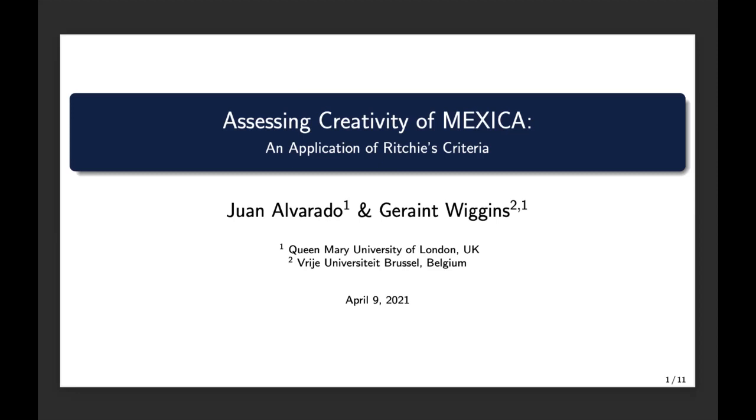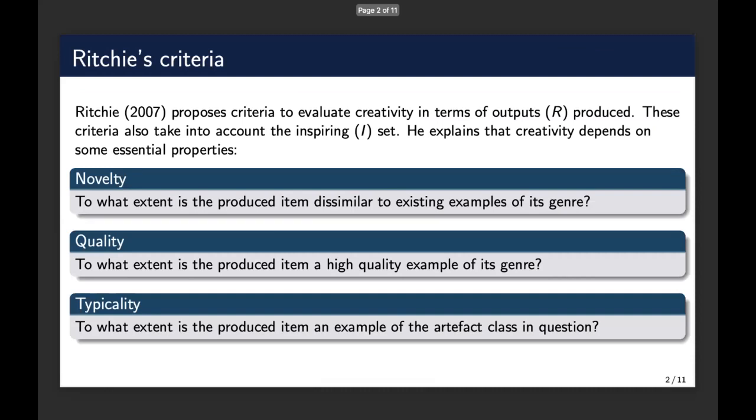The main objective is to use the evaluation, this process of using Ritchie's criteria, to inform the system about the things that might be good to change in order to produce something better in the process.